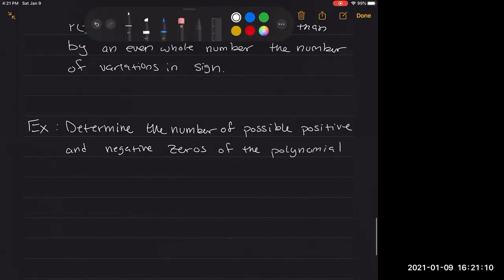All right, so we're going to determine the number of positive and negative zeros of this polynomial. P of x equals 3x to the 6th minus 5x to the 5th minus 3x squared plus 4x plus 6. So first we're going to look at the positive since it's already written here.